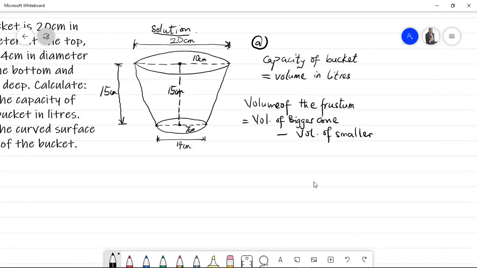Okay, I'd like to adjust and write the rest of the formula just on the same line with it. Once I do that, I'm going to have this immediately. So I have minus volume of smaller cone. Now, the implication of what we are saying is simple.